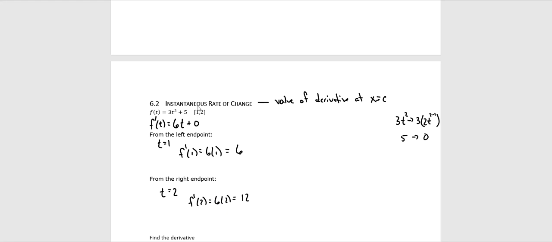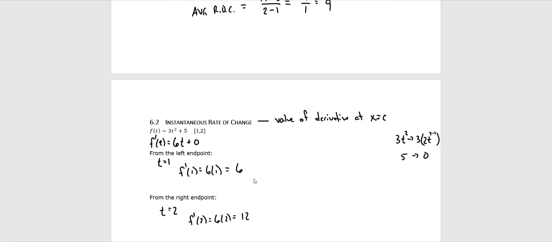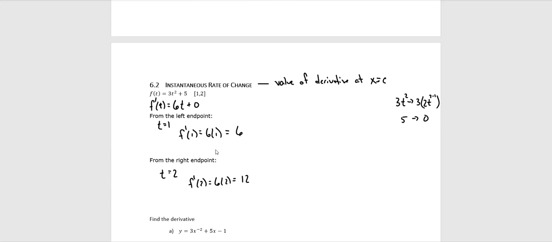Notice how in this case, with this function and these values that were selected, our average rate of change, 9, happened to be right in between our instantaneous rates of change at 1 and at 2. So if this is a ball falling off of a tower, although it's not going down, so whatever. So this is some type of moving object.